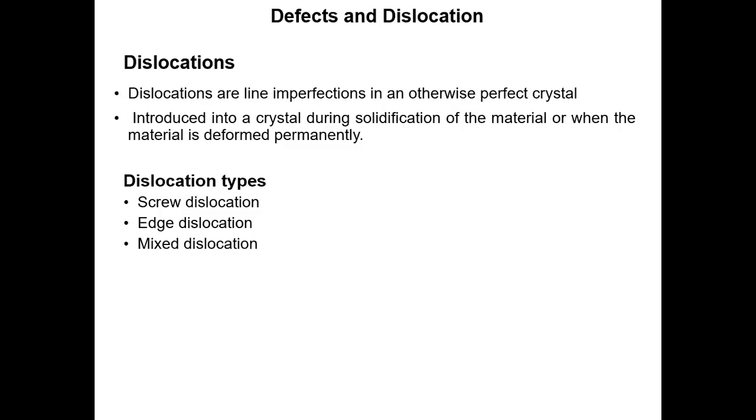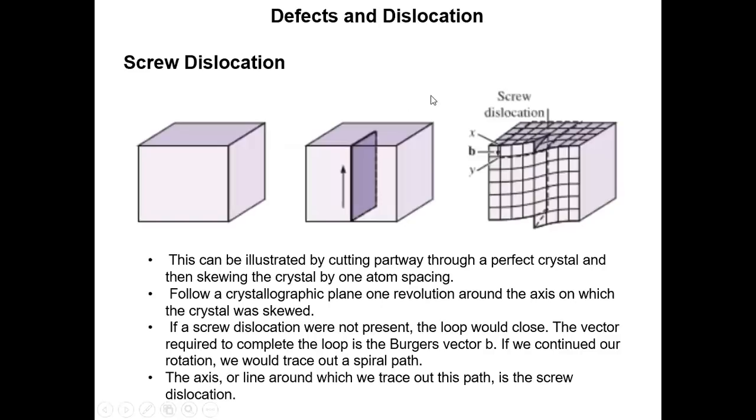So these dislocations we usually introduce to a crystal during solidification of the material or when the material is deformed permanently. There are basically three types: screw, edge, and mixed dislocations. So we'll see what a screw dislocation is.